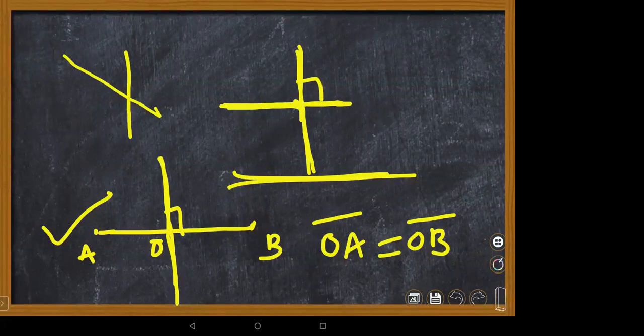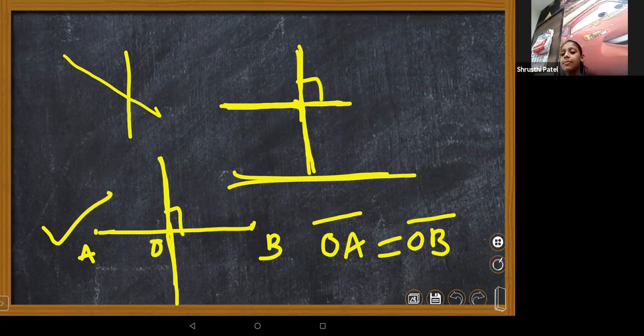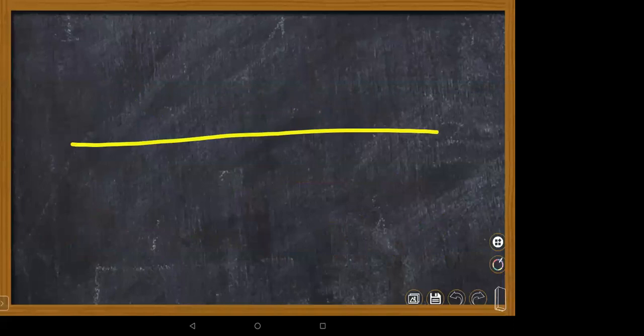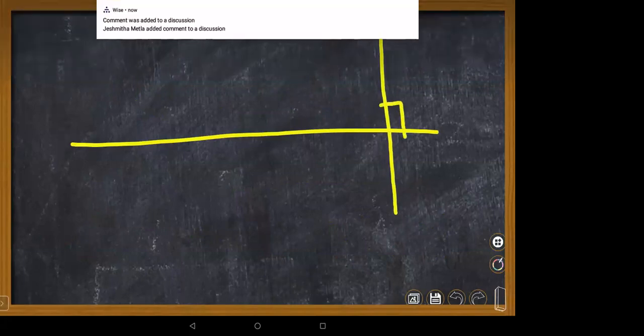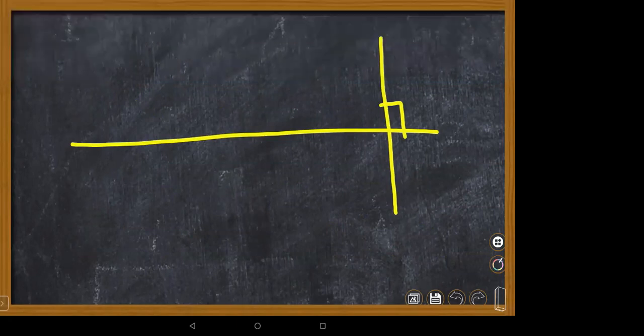Now you understand, children? Yes, ma'am. We can make another perpendicular here too, but it is not a perpendicular bisector; it is only perpendicular to each other.